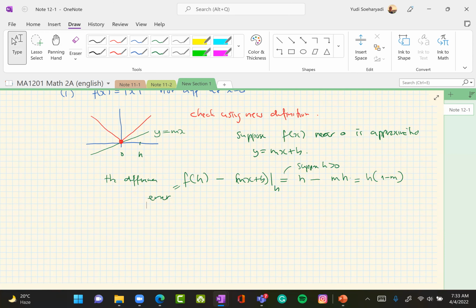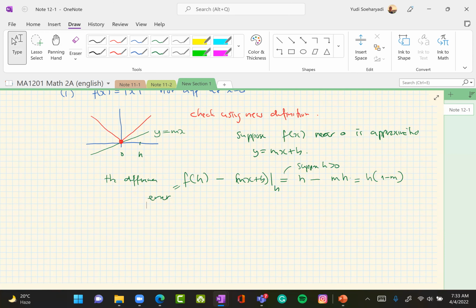The ratio. If we compute the error over h, let's see.